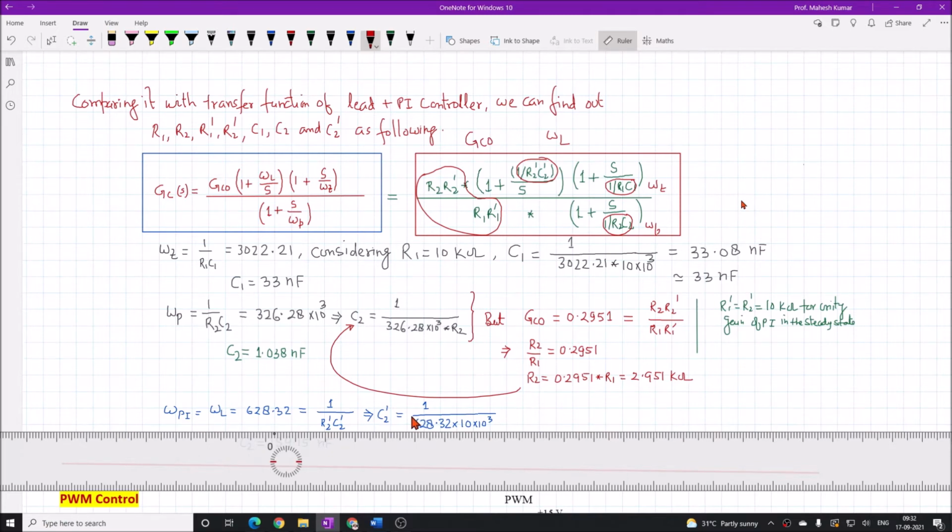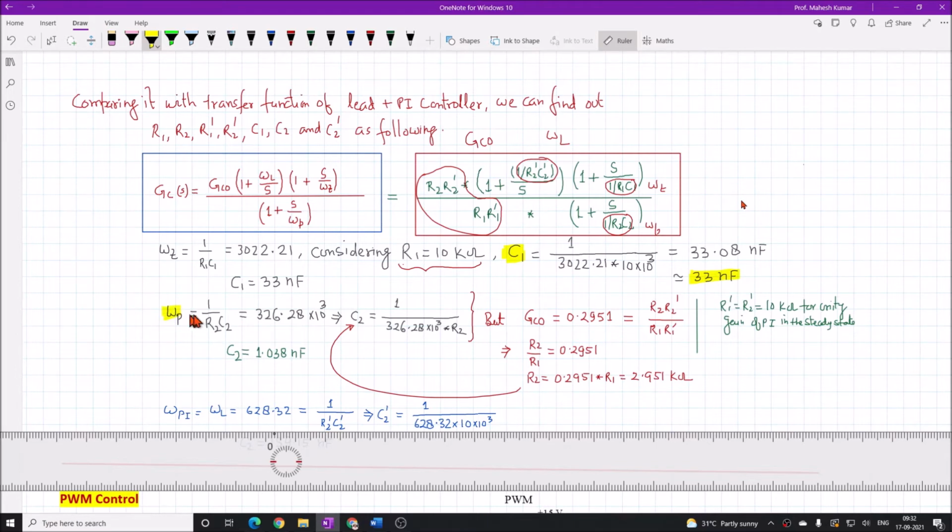That's all. So from these values, omega z equal to 1 by R1 C1 equal to 3022.21 we found earlier. And we can take safely R1 as 10 kilo ohm. And this gives C1. So finally we found C1 comes out to be 33 nanofarad.